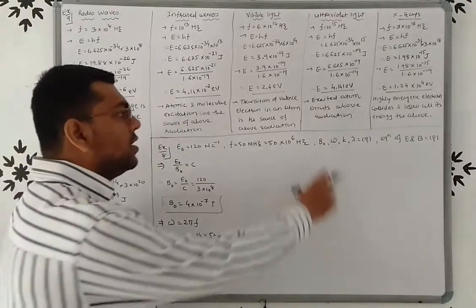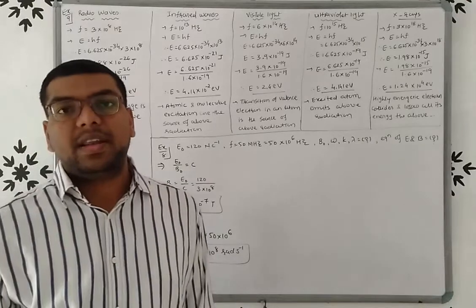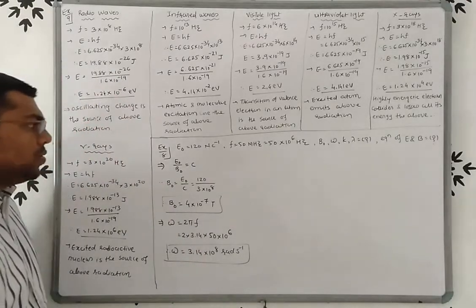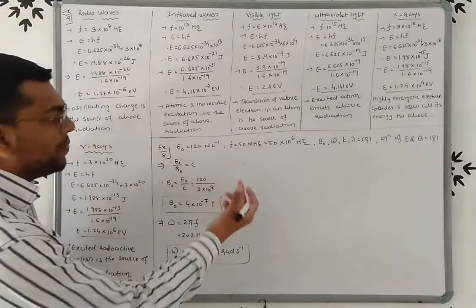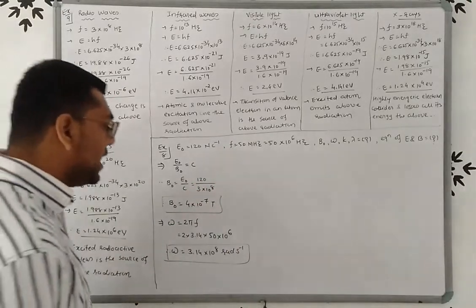Now friends, to find K, we know the value of E0, B0, omega and f.